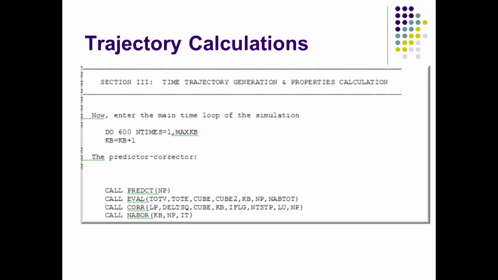Then we also call the neighbor program, because we only want to calculate forces between pairs invoked by the neighbor list, as we discussed earlier. So, now let us look at the 5th order predictor corrector.